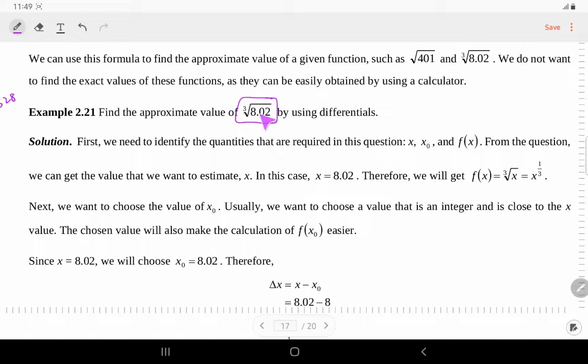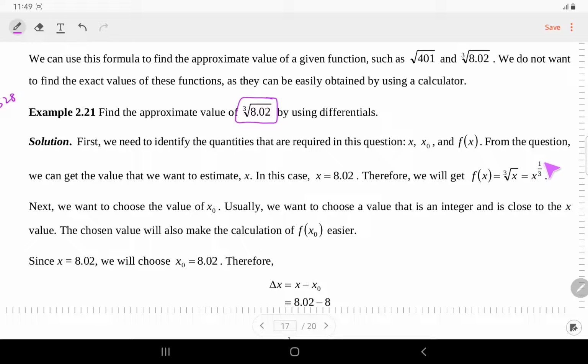So we determine our x as 8.02, so that our function will be cube root of x. Because our x is here, this function will be cube root of x. So our f of x is equal to cube root of x, and it equals x to the power of 1 over 3.